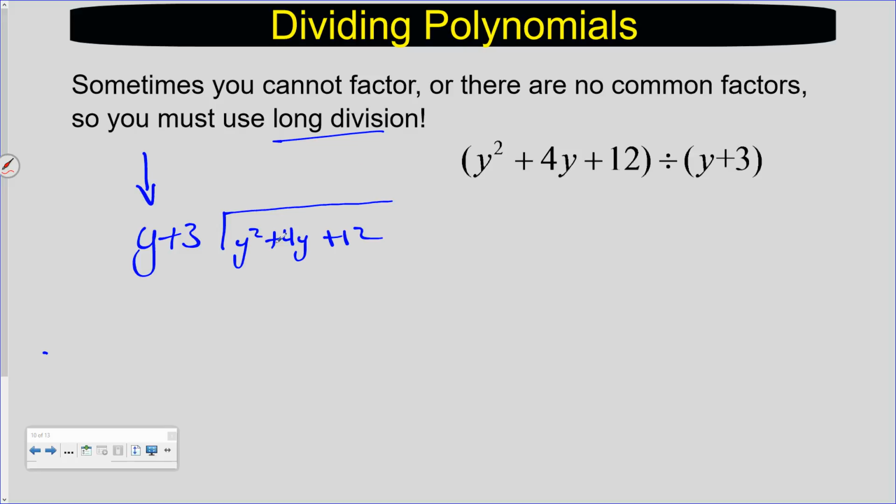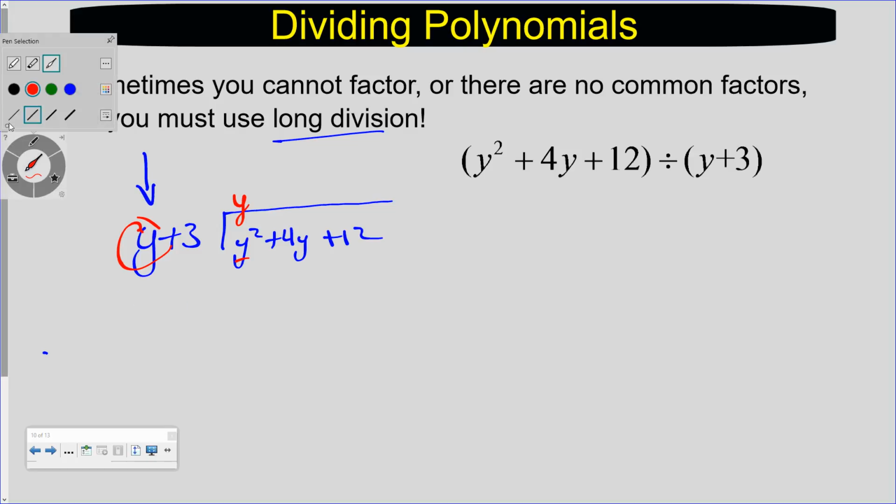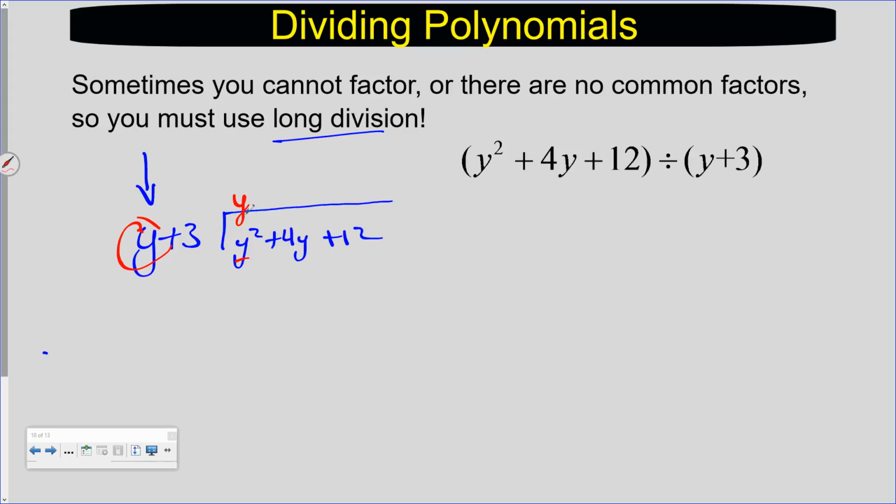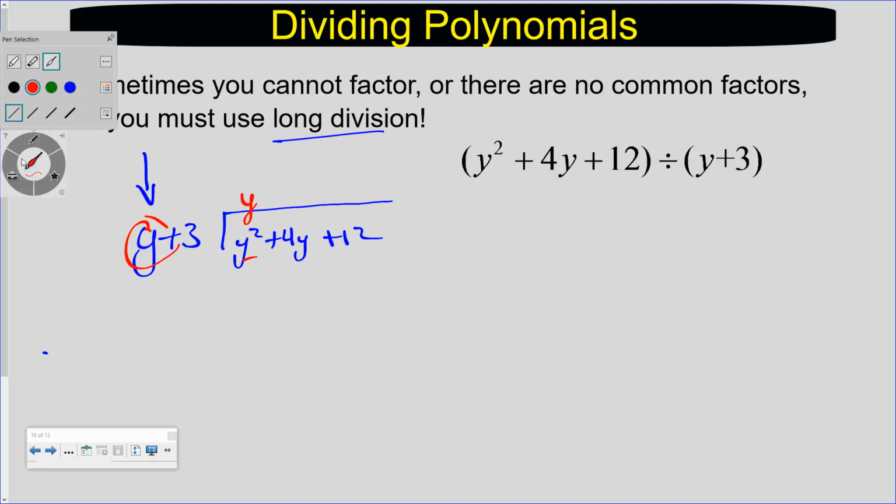Okay, so what do we have to multiply y by to get y squared? Well, we'd have to multiply by y. So we're going to go back through and multiply y times this guy.